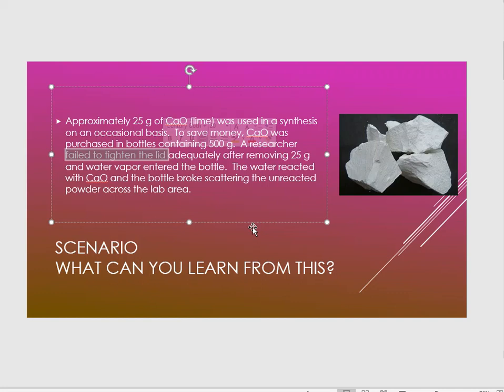The room that we're in has some water content. And some of these chemicals and compounds will react with the water. In this case, the CaO reacted with the water and it basically solidified a little bit more, almost like a rock. And that's kind of what you're seeing over here to the right-hand side.